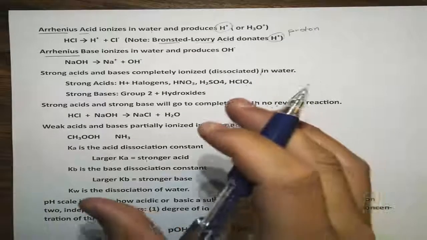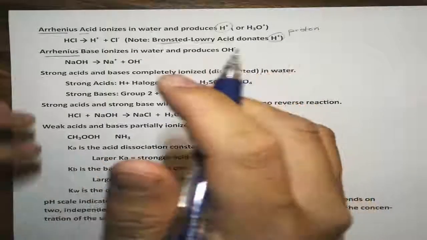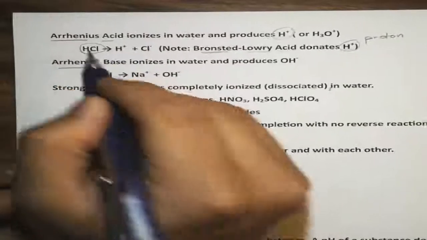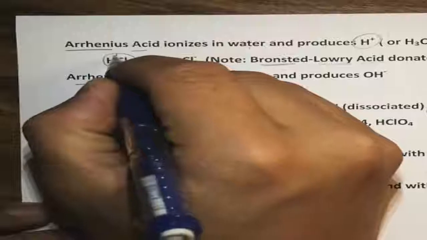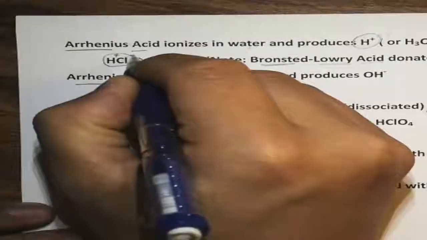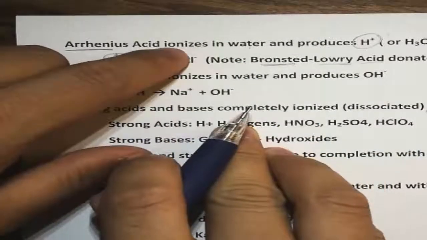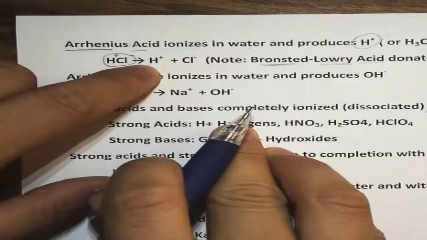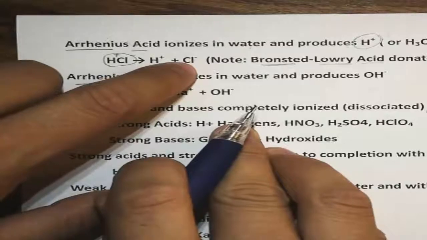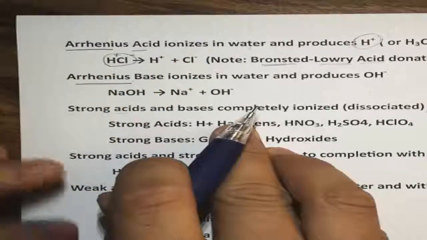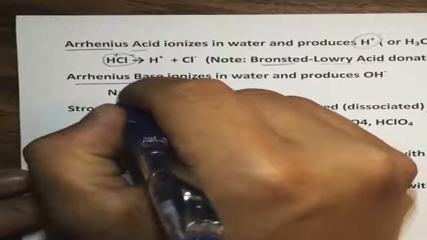The term ionize, basically, you have a substance like right here, HCl. Well, we know that hydrochloric acid or HCl is made from a positive H+ and Cl-. When it's being ionized in water, it will produce H+ ions, hence the term ions, and Cl-. The same thing for the base. Here we have NaOH.